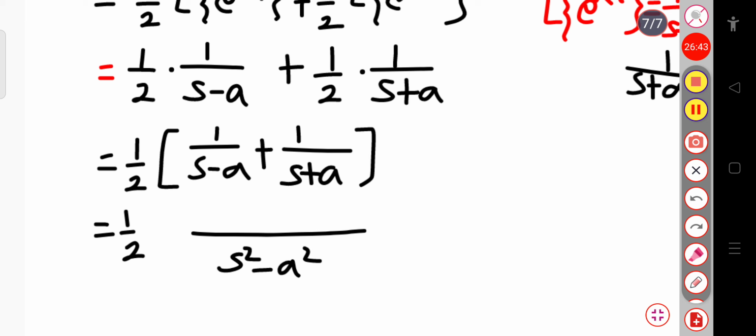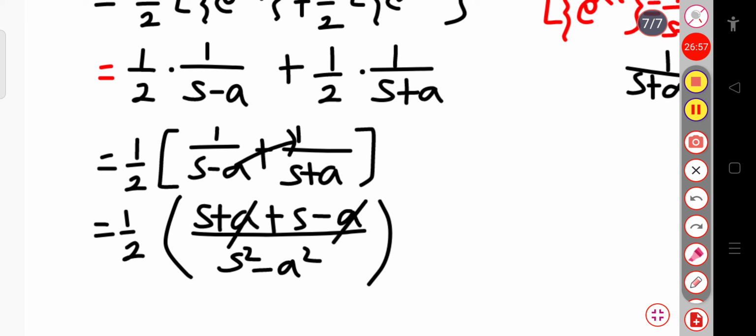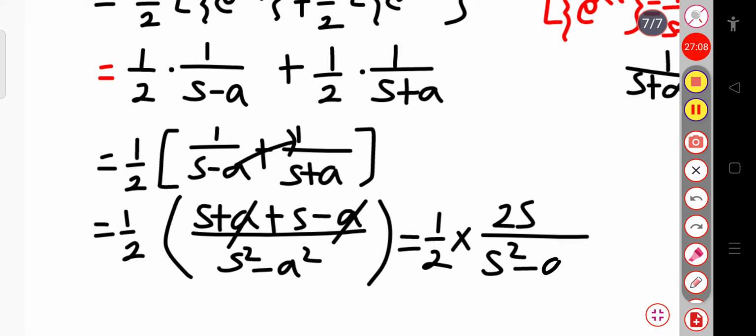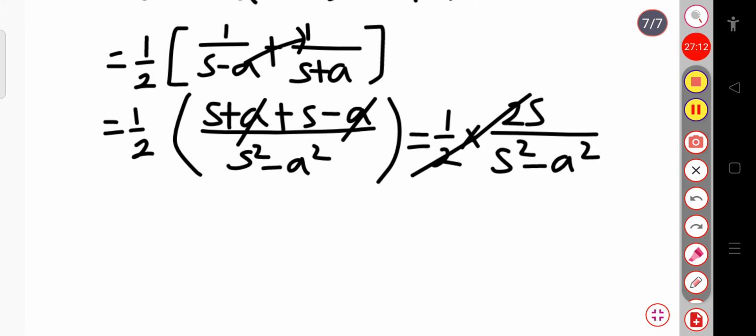Again we write here s plus a, and s minus a will be multiplied with 1, this will be plus s minus a. Here plus a minus a get cancelled. This will be 1 by 2 into 2s divided by s square minus a square. Now the 2 gets cancelled. The final answer will be s divided by s square minus a square.